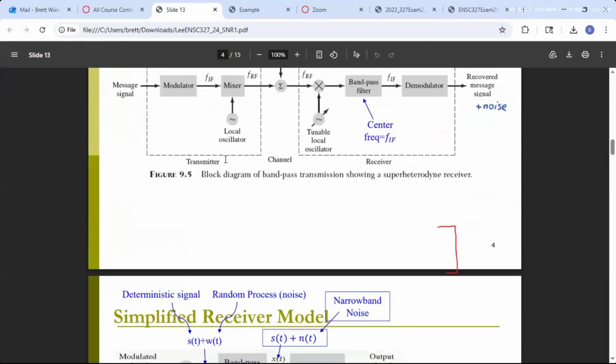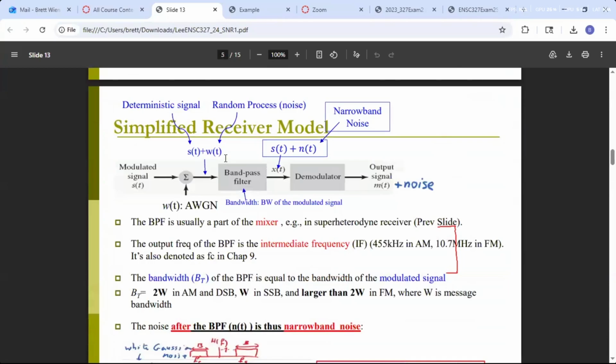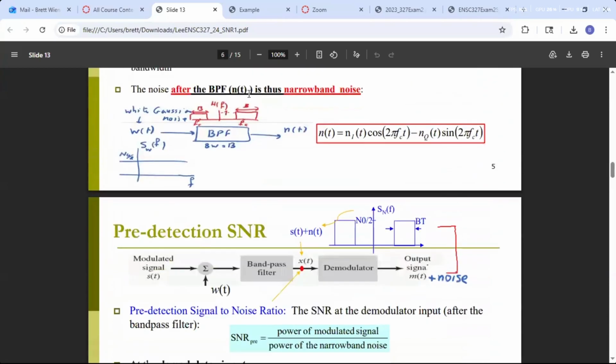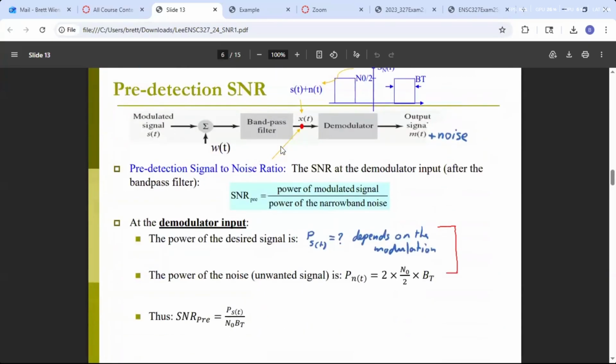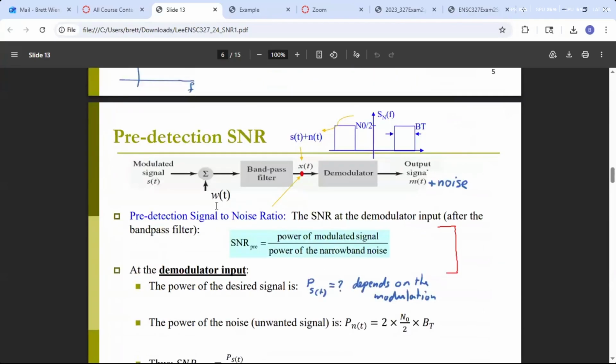So here is basically where we're looking. The pre-detection SNR, you can see right here, is the signal to noise ratio after the bandpass filter. So it's before we've demodulated it, but it is after we've mixed it and put it through the bandpass filter.